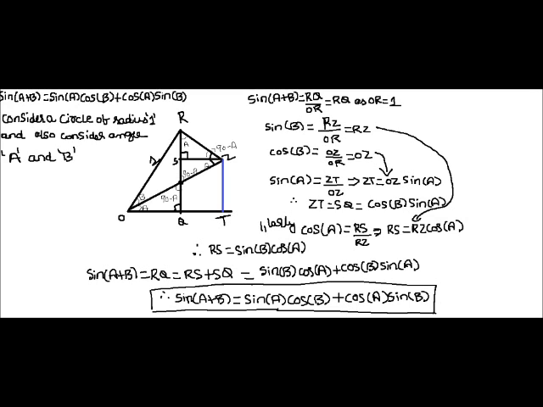The angle ROQ is angle A plus B, and if you draw a line for angle A like OZ, so angle ZOT forms angle A, then the angle formed by the two lines RO and ZO is angle B.